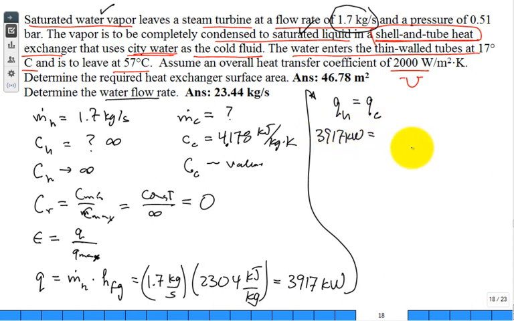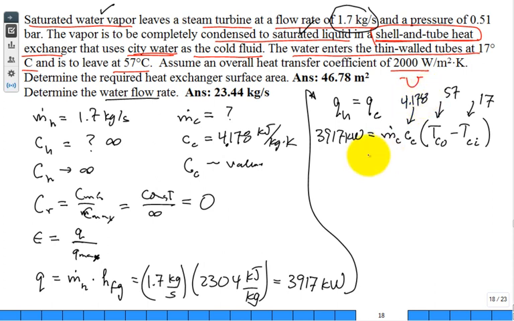What goes into the cold, from an energy balance of the cold? It's equal to the mass flow rate of the cold, the specific heat of the cold, and the temperature change of the cold. Let me leave it in symbols: temperature cold out minus temperature cold in. This one is 57, this one's 17, this one's 4.178.